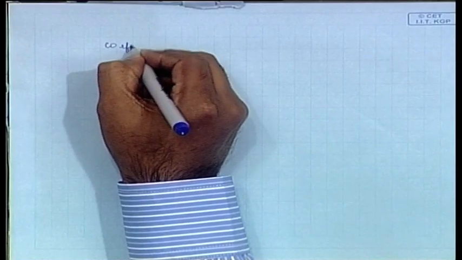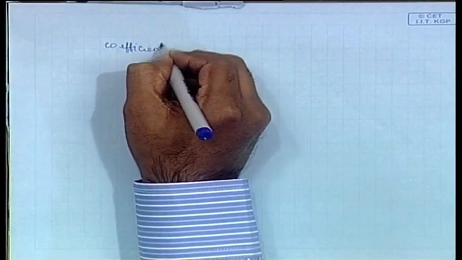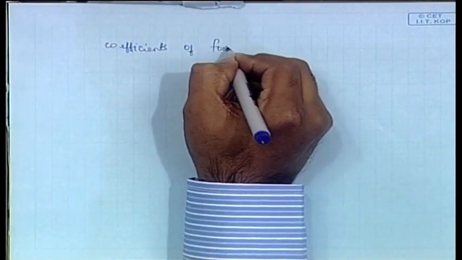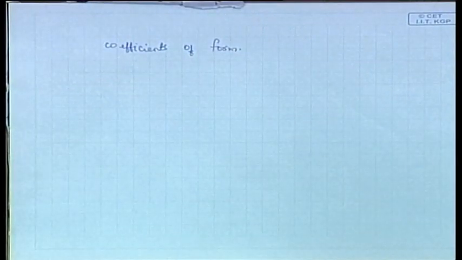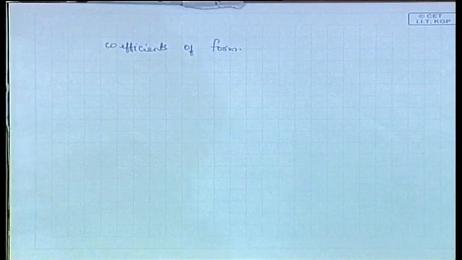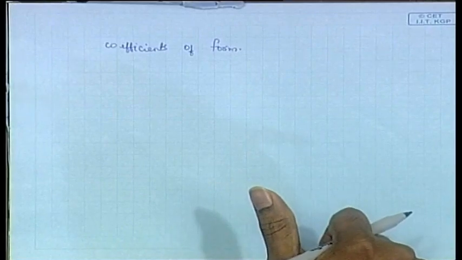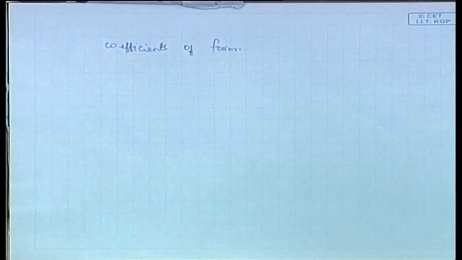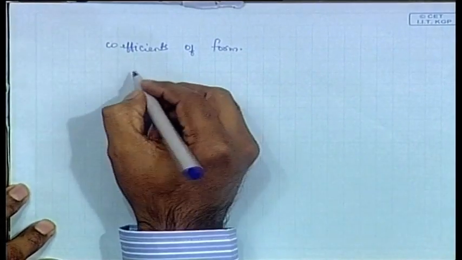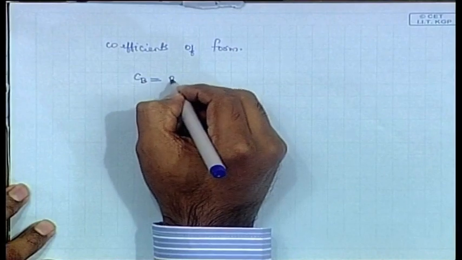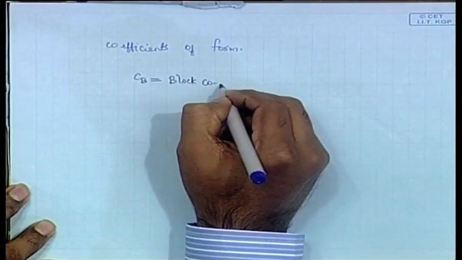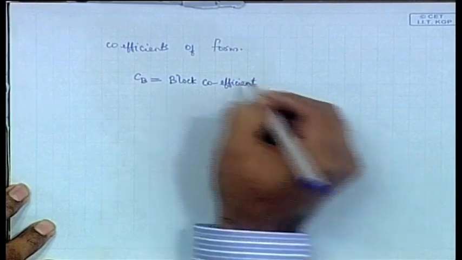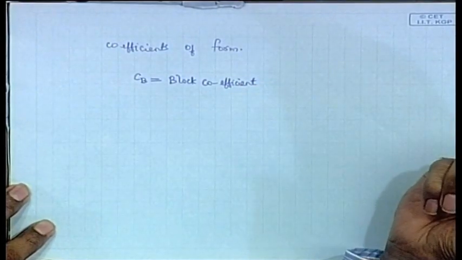As I told you, in hydrostatic particulars we have LPP, breadth, depth, draft, and we add coefficients of form as well. Two or 3 of them are very important. The first one is what we define as Cb.